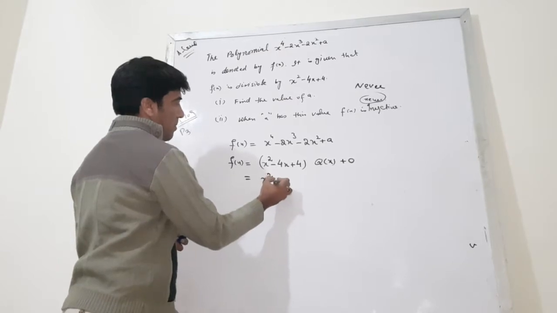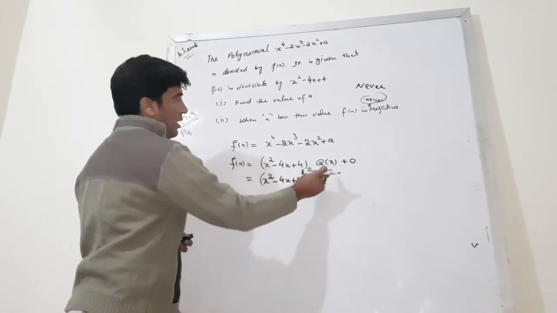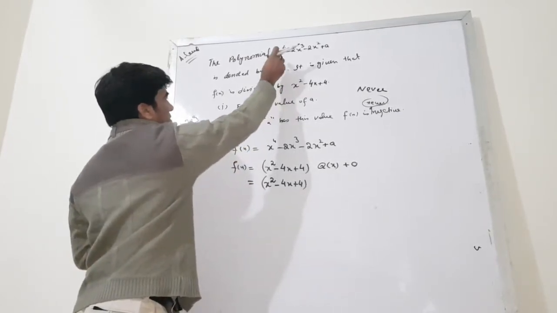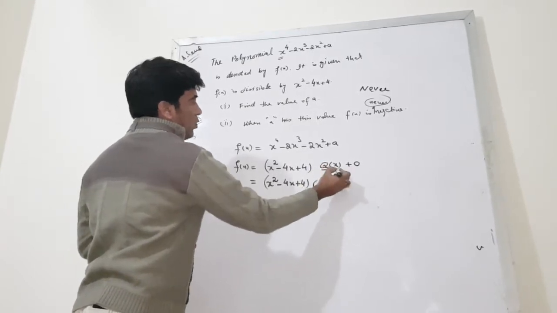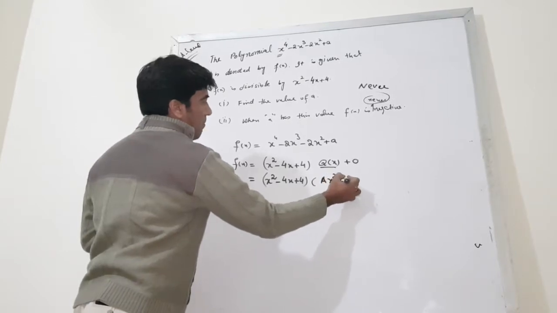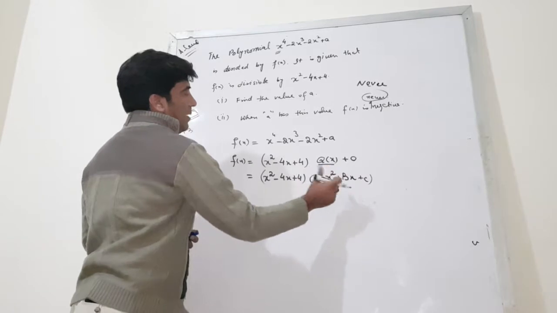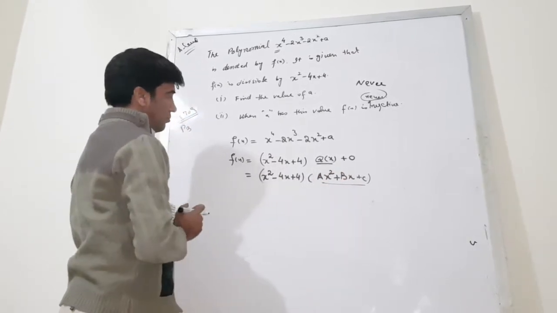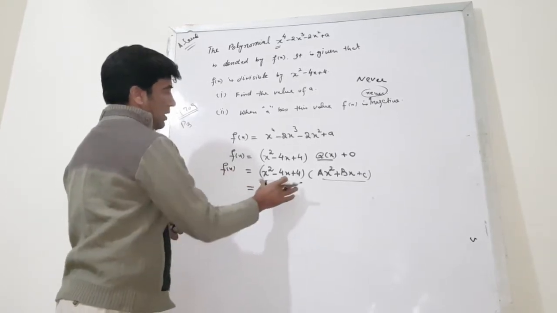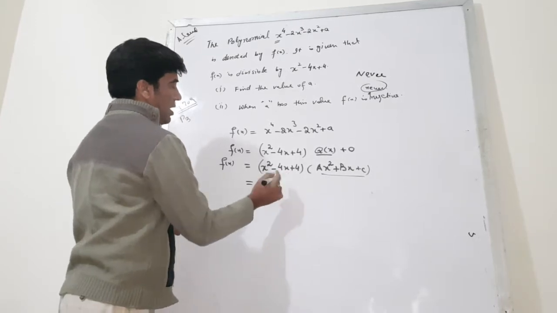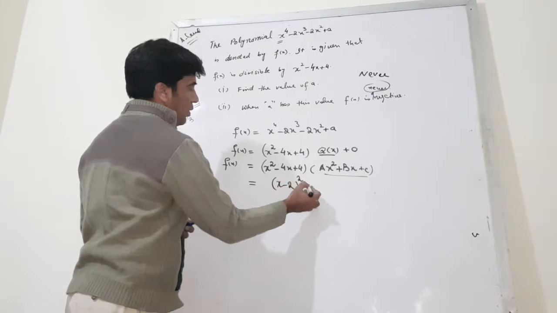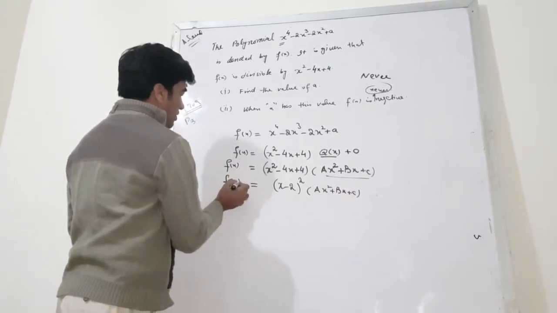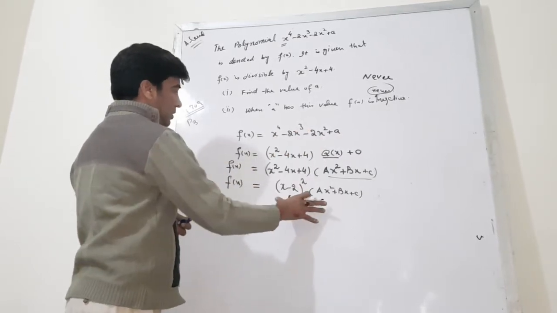We know that this quotient q(x) would also be quadratic, because the maximum power of this polynomial is x⁴. So q(x) would have the standard form ax² + bx + c. Here x² − 4x + 4 is the square of (x − 2), so f(x) = (x − 2)²(ax² + bx + c).